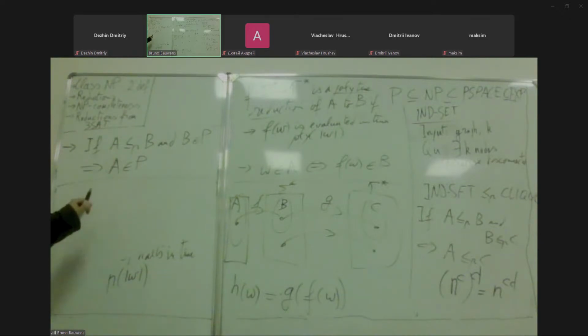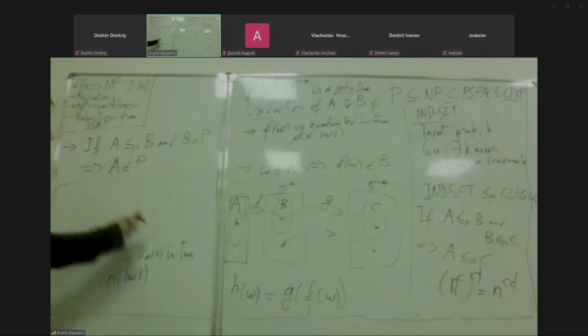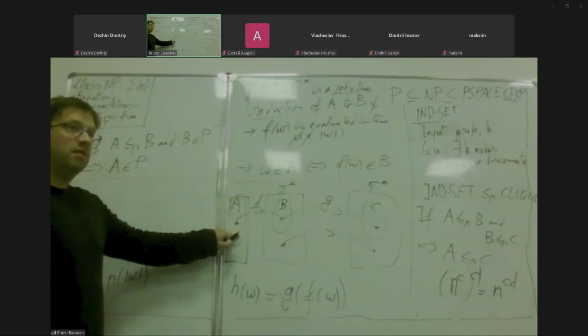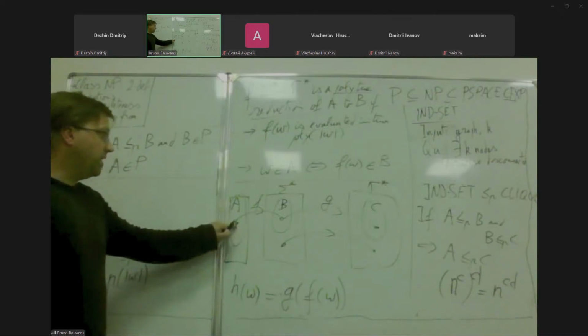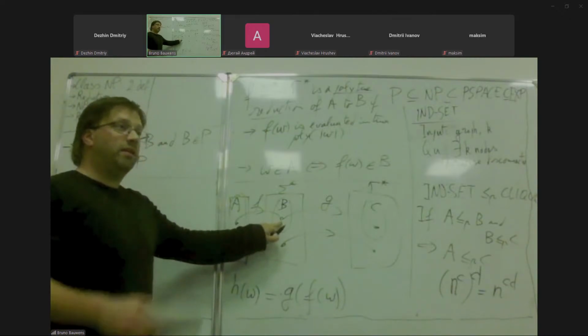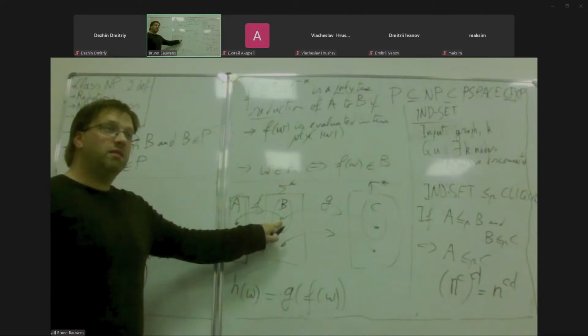We want to know whether a certain input of A is in the language, yes or no. What do we do? We evaluate the reduction and run the decider of B.